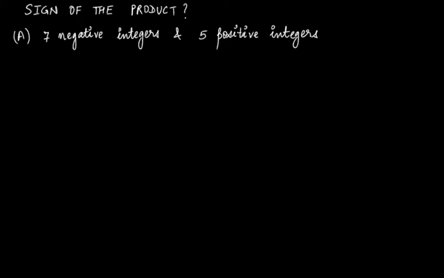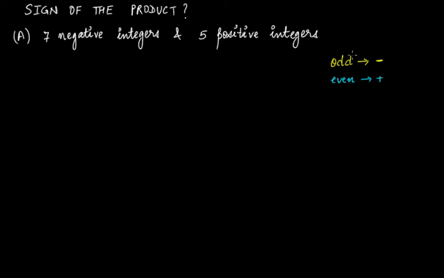If there are an odd number of negative integers, then the sign of the product will always be negative, that is, minus sign. And if the number of negative integers involved is even, then your product will always be positive, that is, plus sign, and we know that there is no need to write the plus sign if your product is positive.